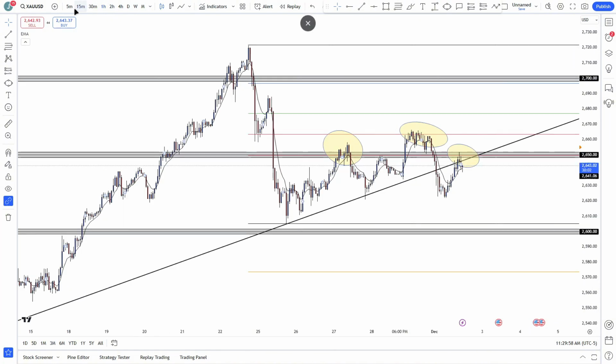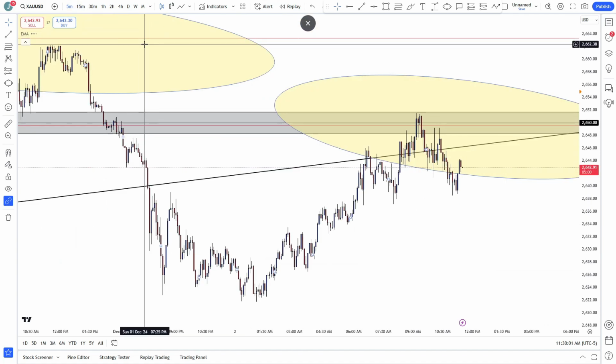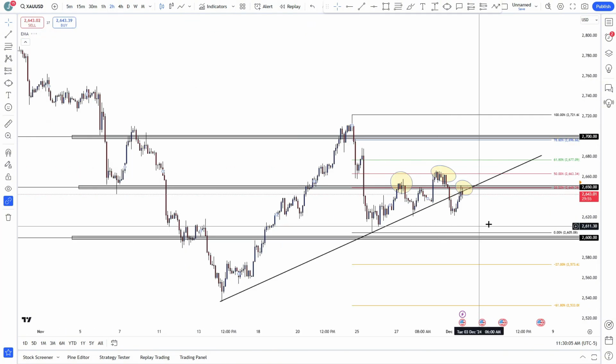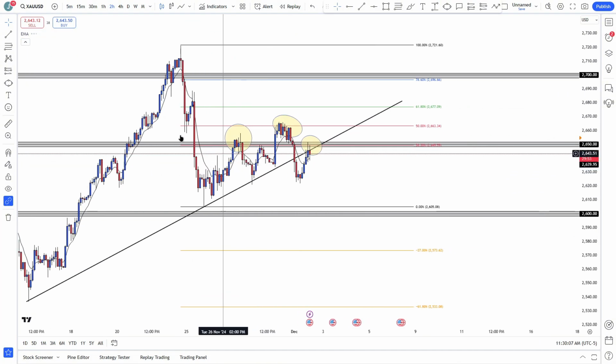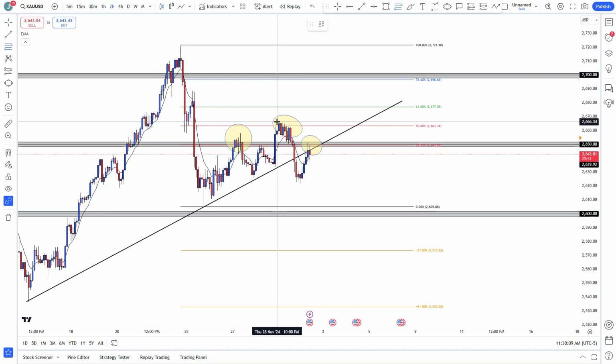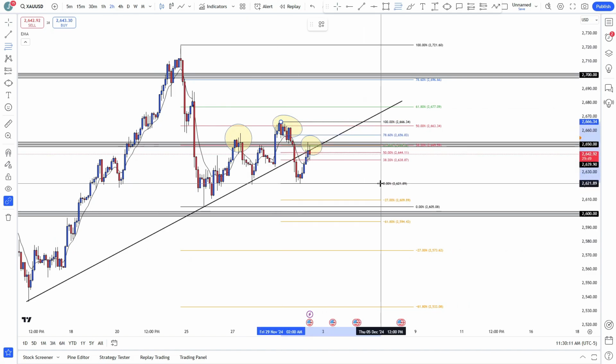We did see that, so really could have been entered. Price did give the confirmation and confluence too, so yeah, that's really it for gold. See the 61.8 retracement, boom, drop down.